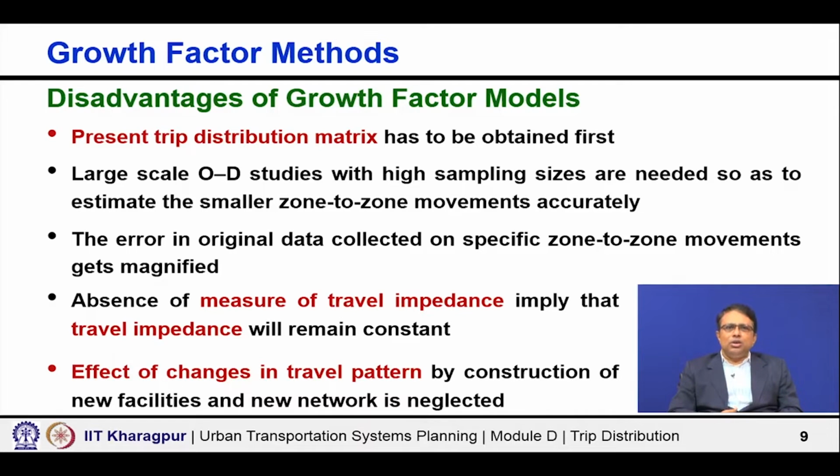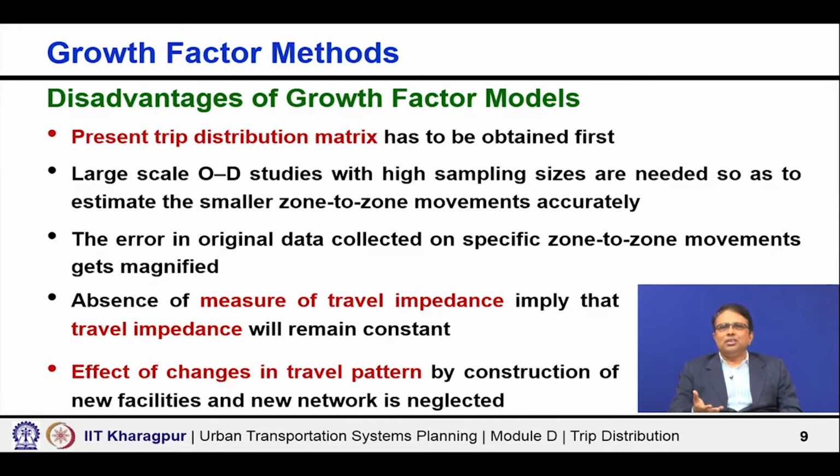The error in the original data collected on specific zone to zone movements gets magnified, because it is again logical for all methods that this is happening. We are applying a multiplier and the multiplier is normally more than 1, right. Because there is growth in different zones, maybe some factors may be much higher, some somewhat lower, but all zones are generally growing.